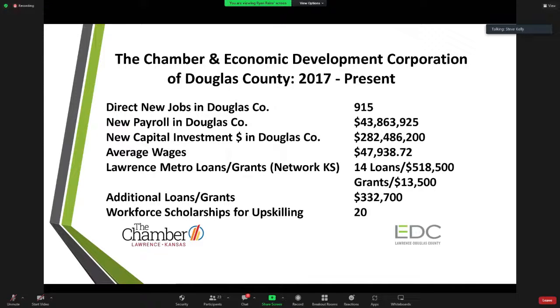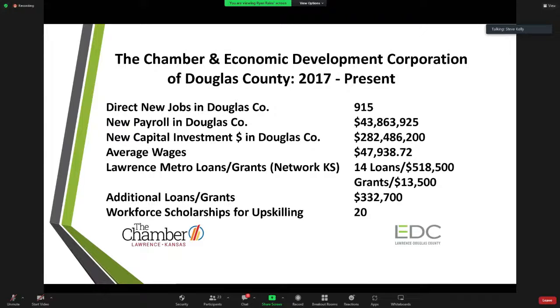Sometimes it's accessing funds to support their business expansions or their locations here. That came to about $43 million in payroll, new capital investment of approaching $300 million, $280 million plus. The average wages of the jobs that we worked was in the $47,000, $48,000 range.